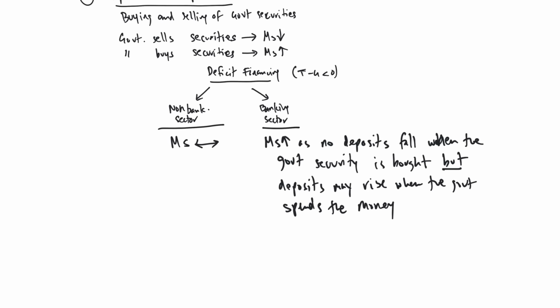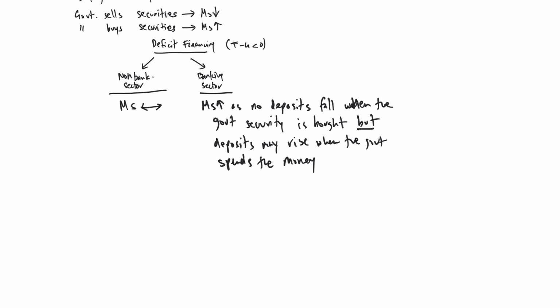So when the commercial bank uses the loan portfolio money, the money that they could have lent to anyone, no deposit went down, but other deposits would go up as soon as the government spends that money. So in other words, when you go to the commercial bank or banking sector, money supply goes up, and that's why we sometimes say this is just like printing new money, creating more money. So this is for us creating more money.